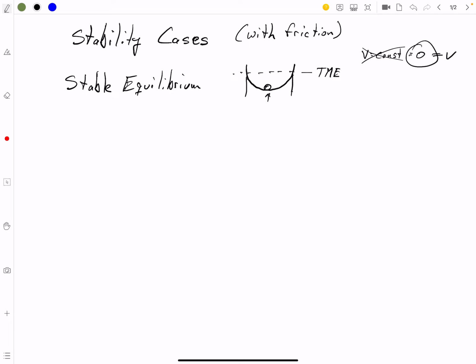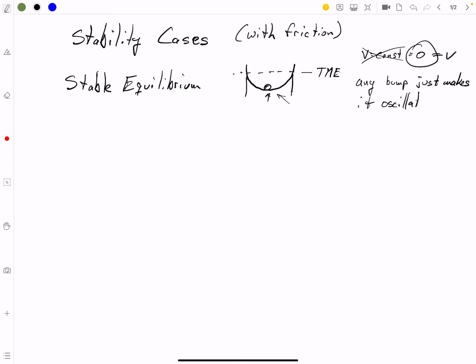Any bump, any slight bump to this little guy, in other words, something that gives it some energy that's been added to it, any little bump, all it will do is make it oscillate a little bit, right?